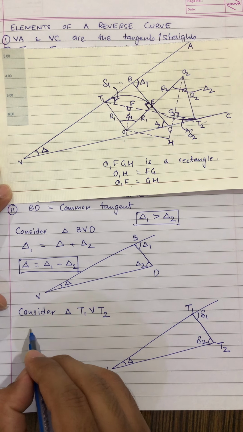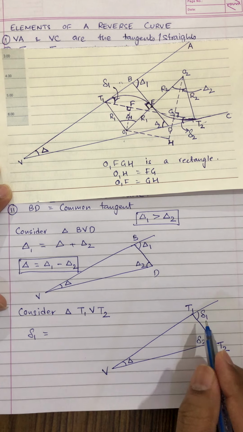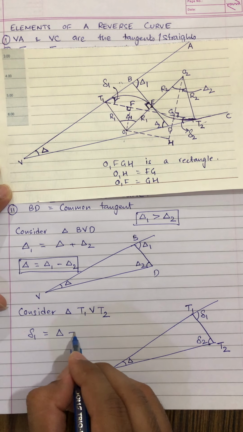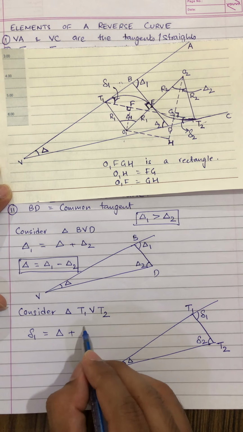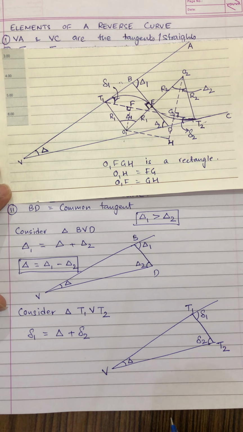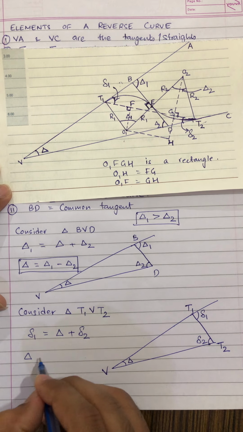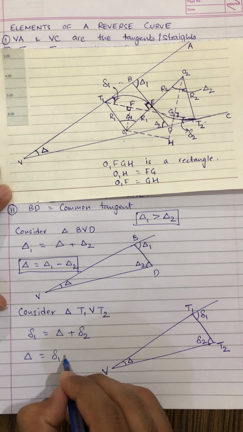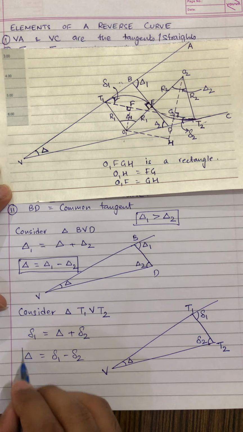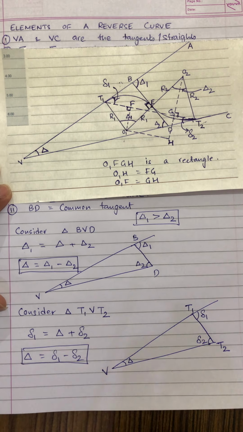So again, if we apply the property of the triangle, the external angle del 1 should be equal to the sum of the opposite interior angles, that is delta plus del 2. Again, what we get from here is delta is equal to del 1 minus del 2.